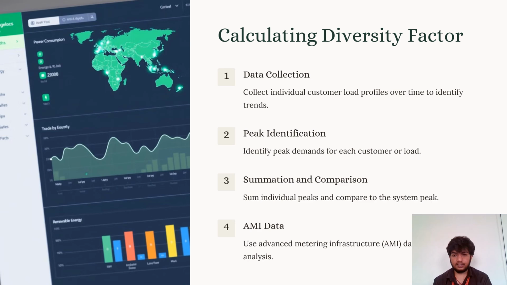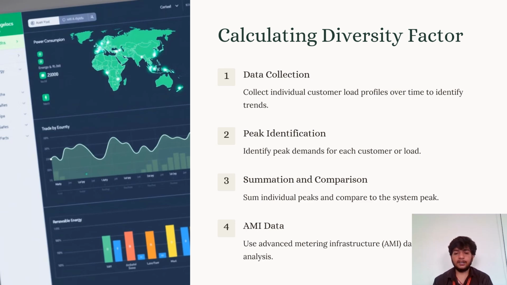Next one is calculating the diversity factor. The first step is data collection: collect the individual consumer load profiles over time to identify the trends. The next one is peak identification: identify the peak demands for each customer or load. Then summation and comparison: sum the individual peaks and compare to the system peak.